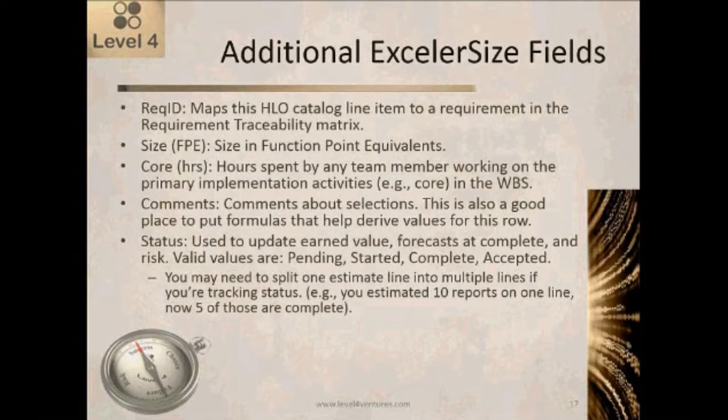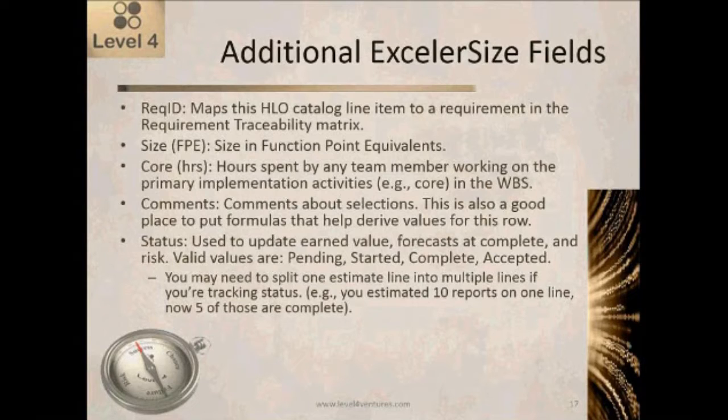Status is used to update the earned value, to update the forecast at complete, and to update the risk. So valid values for status are pending, started, complete, and accepted. And in some cases, as the project goes forward, if you're using this capability, you may need to split one estimate line into multiple lines. So for example, let's say that as part of my estimate, I estimated 10 reports on one line.